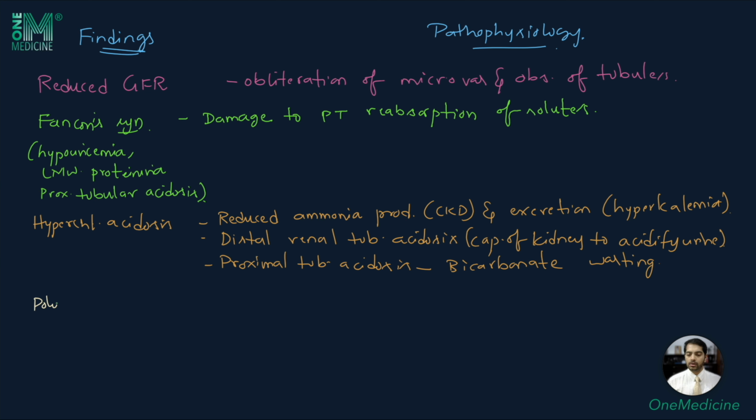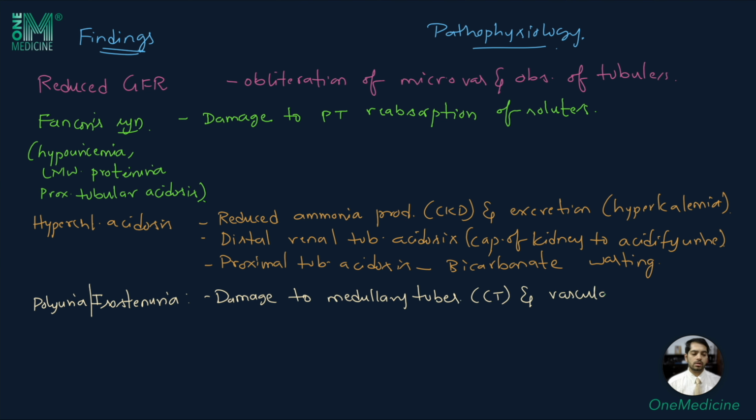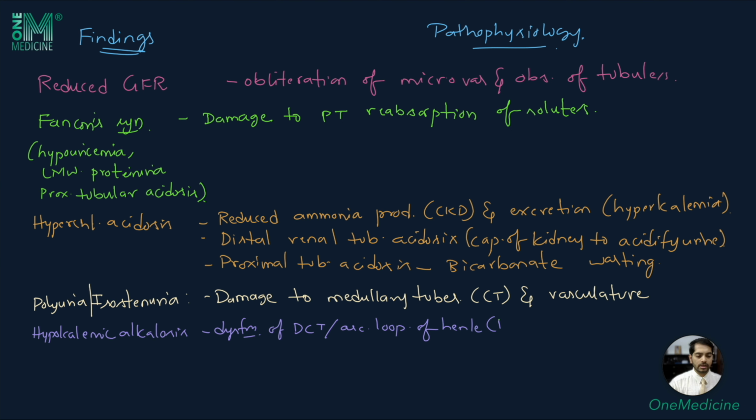The next finding is polyuria associated with isosthenuria. This can occur due to damage to medullary tubes, including collecting tubes and vasculature surrounding it. There can be hypokalemic alkalosis, where there can be dysfunction of distal convoluted tubule or ascending loop of Henle, as seen in Bartter's and Gitelman's syndrome.